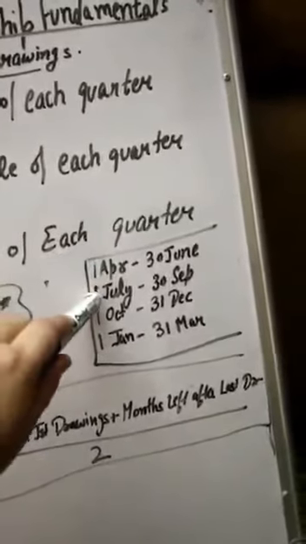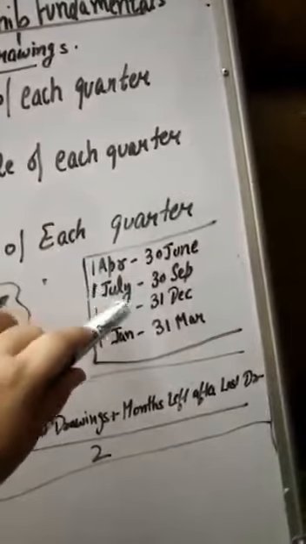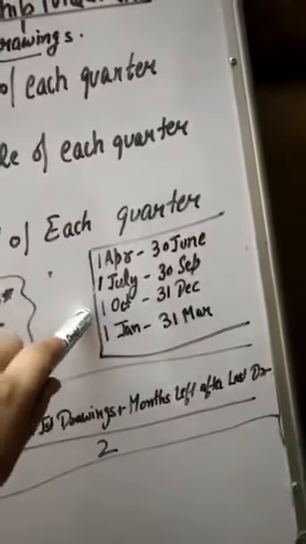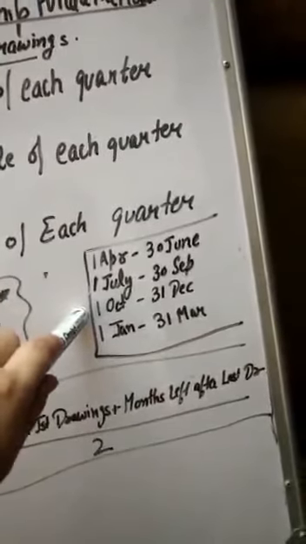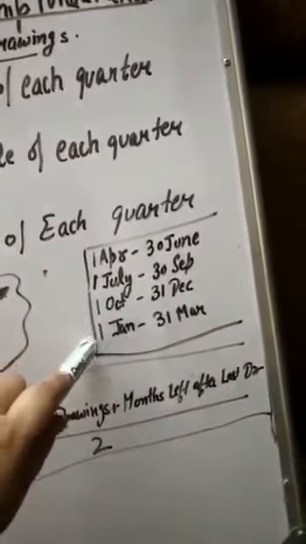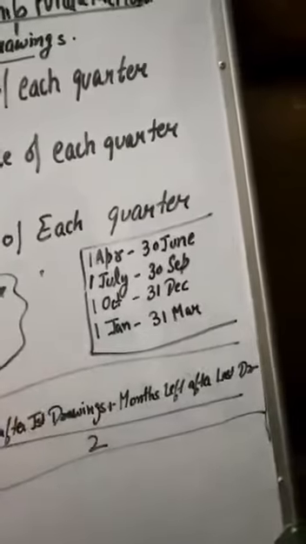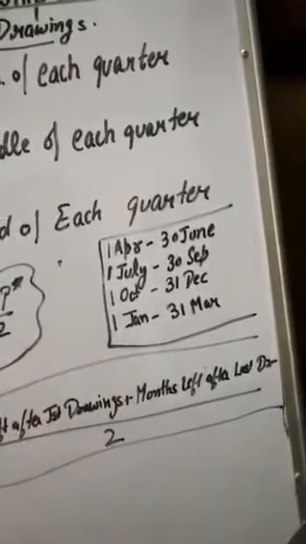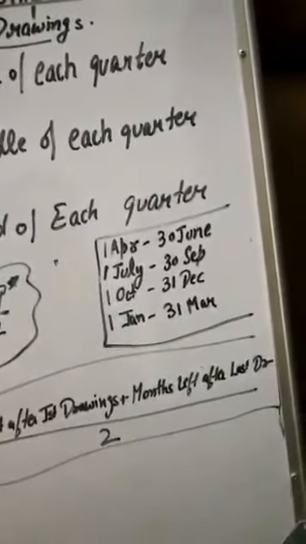The second quarter starts from 1st July and ends on 30th September. The third quarter starts at 1st October and ends at 31st December. And our last quarter starts at 1st January and ends at 31st March. So these are our quarterly installments.